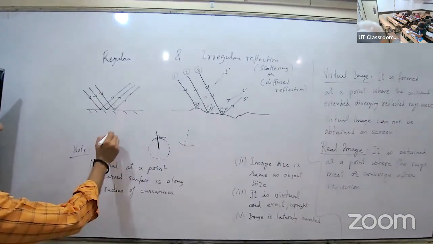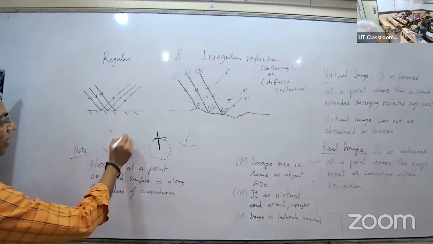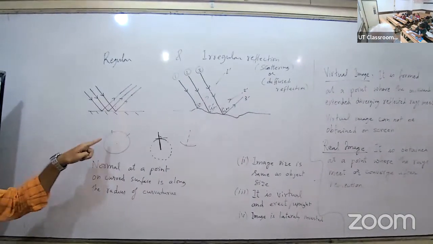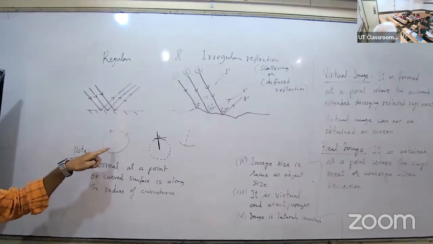So curvature is actually, if this is a circle, any arc or curve will have a radius of curvature, which is the radius. Got it?